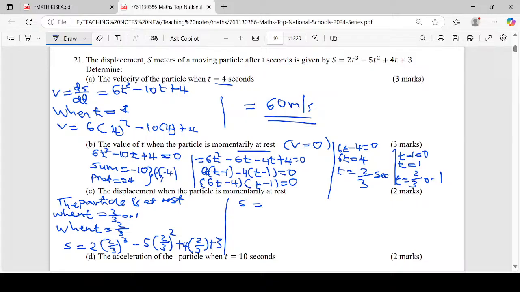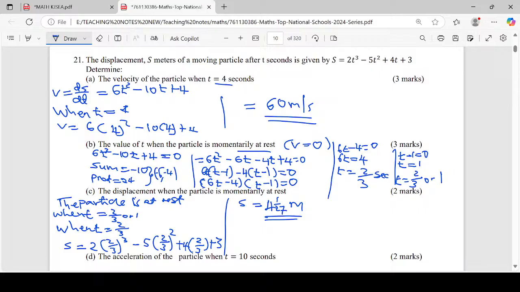Very important to know what you are getting when you key in. I'm getting 4 1 over 27 meters as the value of s when t is equal to 2 over 3.